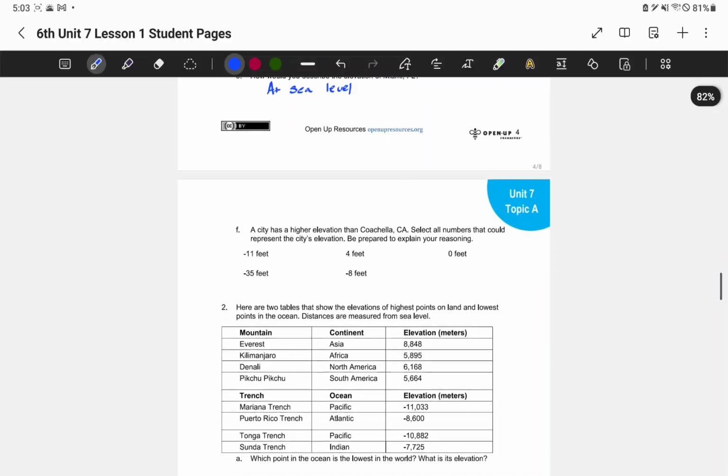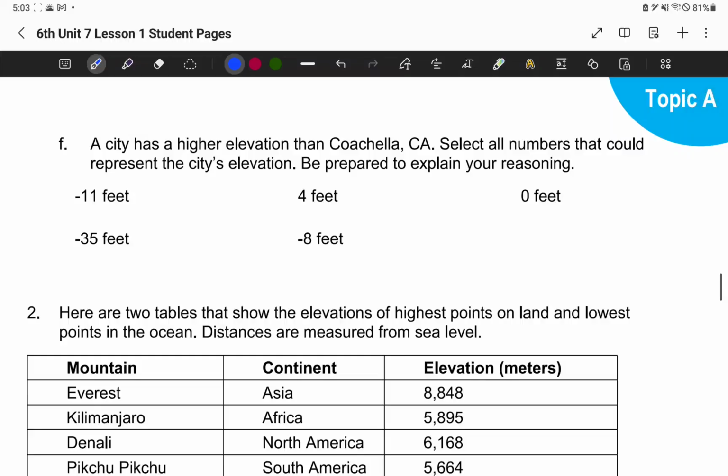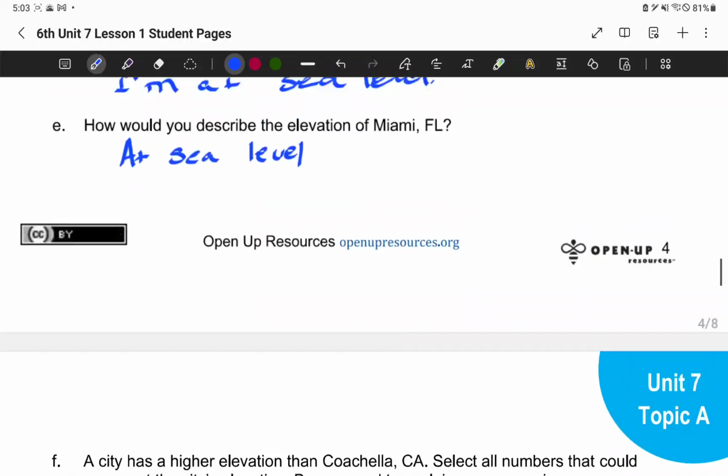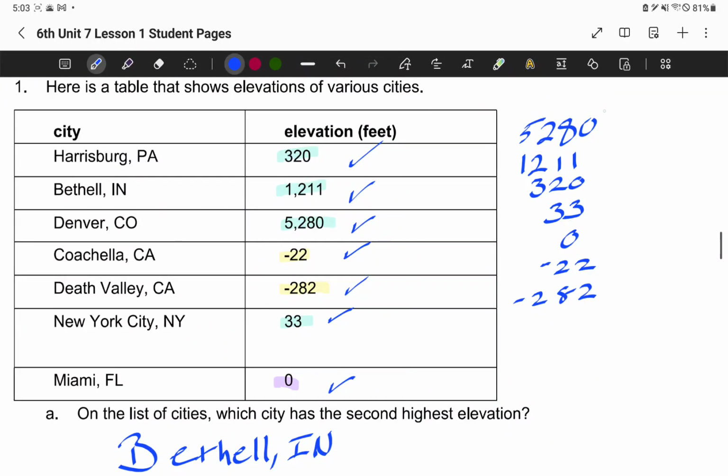Okay. And question F. A city has a higher elevation than Coachella. Select all numbers that could represent the city's elevation and be prepared to explain. Well, that's one of the reasons I did this.